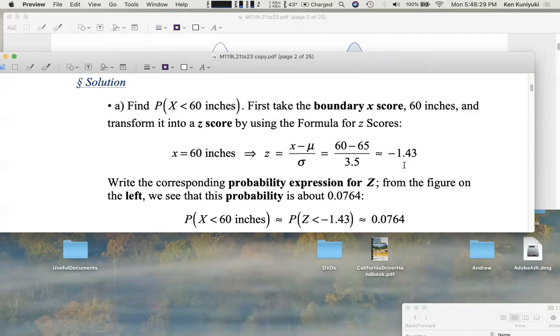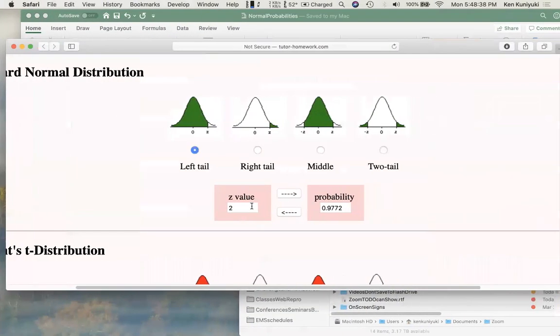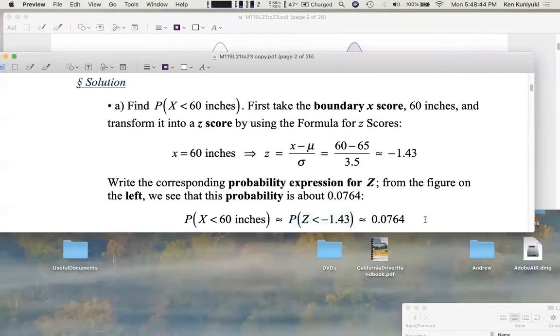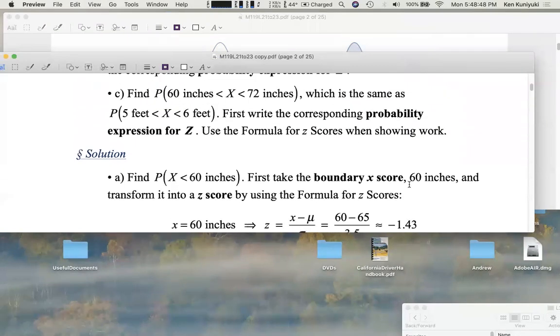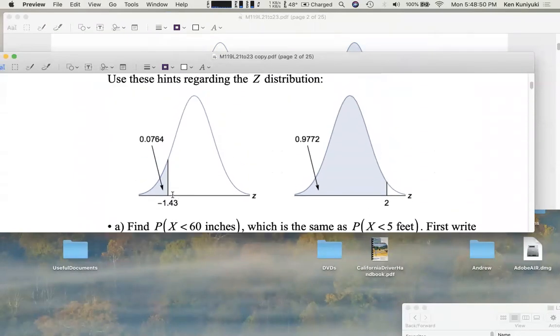We're rounding off, although I won't mark off if you put equals. We want the left tail probability, and from tutorhomework.com we can see it's 0.0764. That's the approximate probability to 4 decimal places. Or remember, I gave the hint: the cumulative probability to the left of negative 1.43 is 0.0764 for the shaded region.